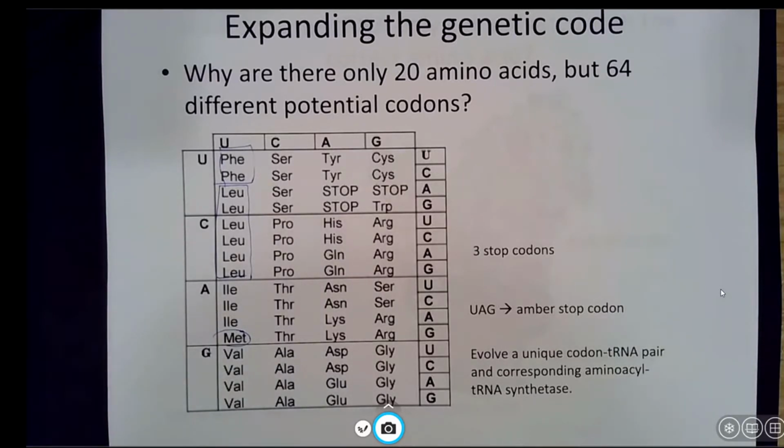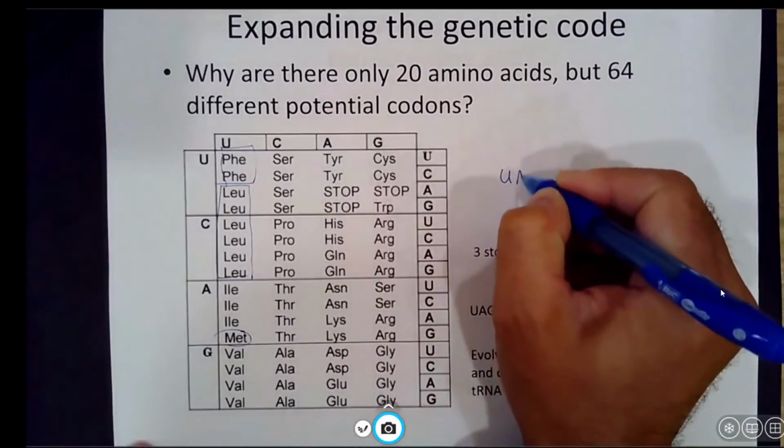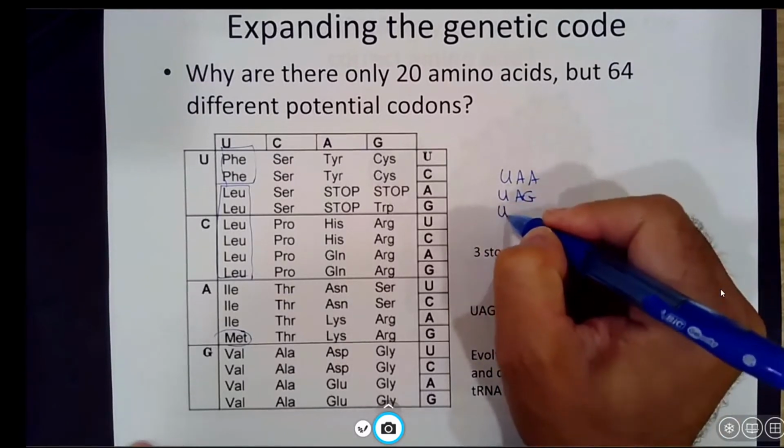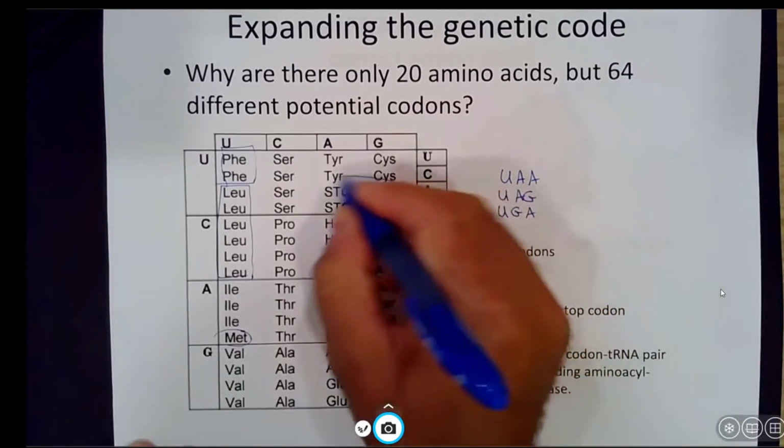We have 20 natural amino acids. We also have 3 different stop codons. Whenever the message is supposed to stop, a stop codon is reached and the peptide is released through different elongation factors from the ribosome. The 3 stop codons are UAA, UAG, and UGA.